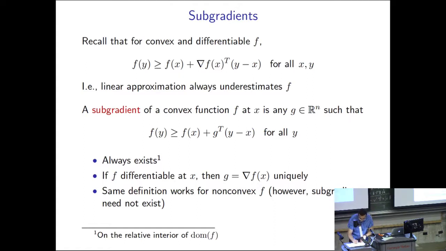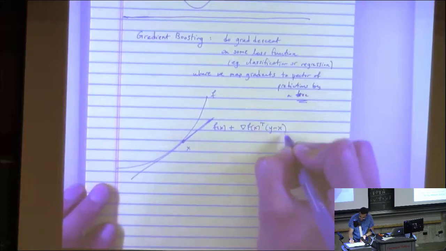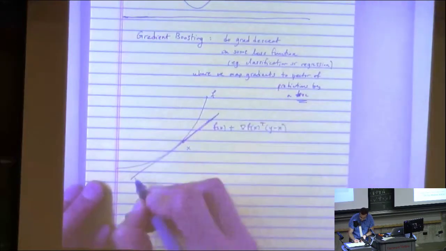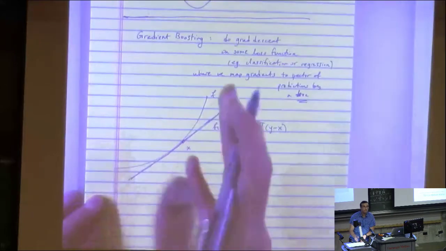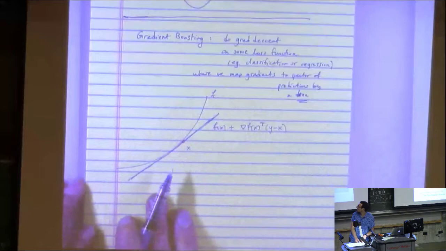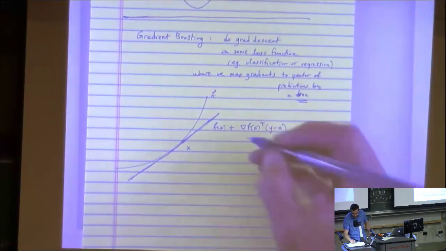If I take the tangent line at a point x, this is my function f, and this is the point x, f of x plus grad f of x transpose (y minus x). As I vary y, that's this line. For convex functions, this is a global underestimate of the function. The function lies above this line everywhere. In fact, that was equivalent to convexity if we had a differentiable function with this property.